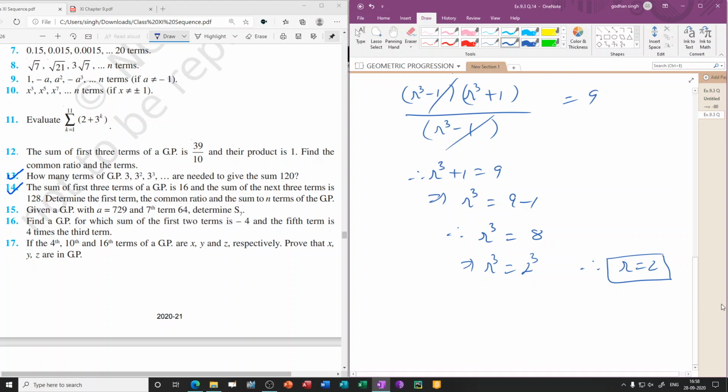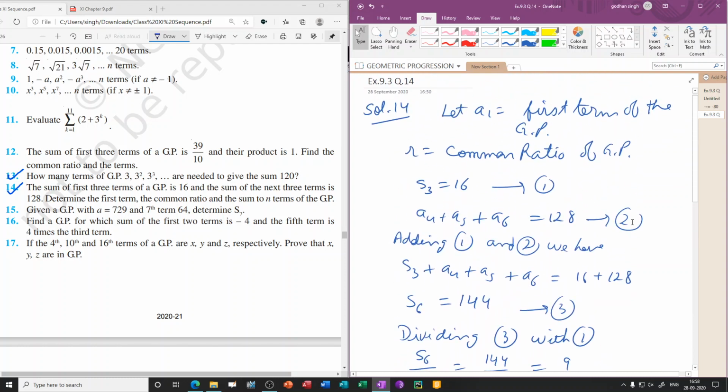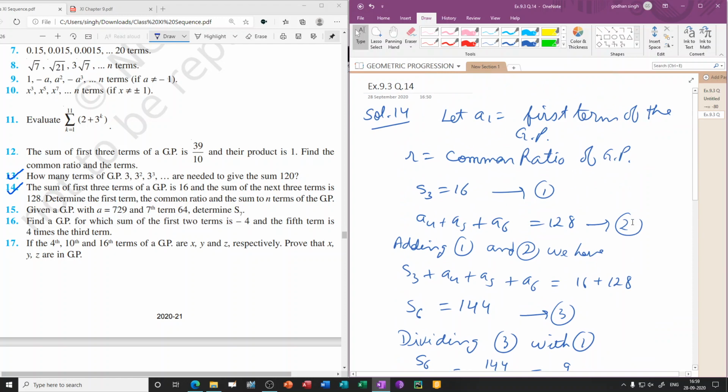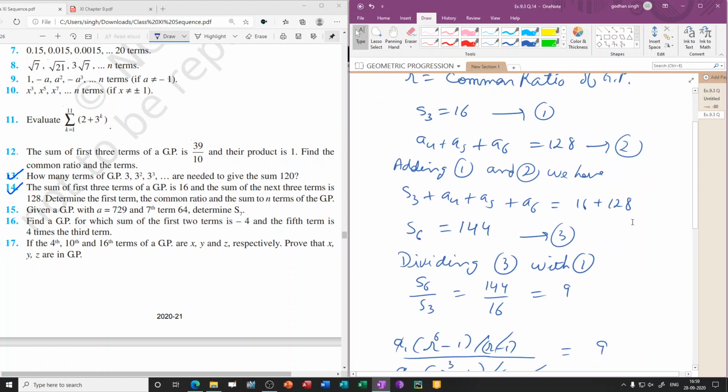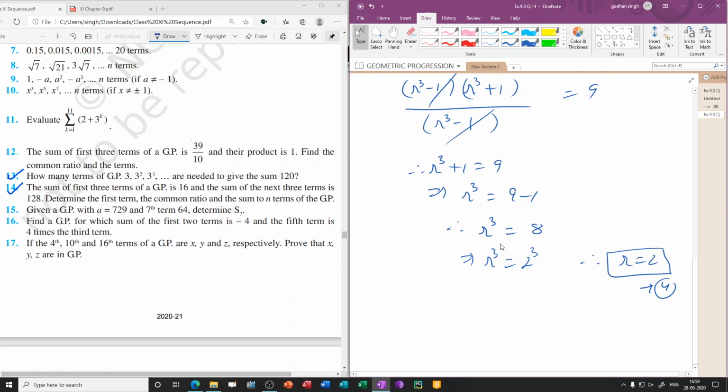How can we get it? Suppose this is equation number 4, and let us put this in the earlier one. We can put this in 1, or we can put this in 3. Any one we can put. Suppose let us put it in 1, that is S3 equal to 16. So putting 4 in 1.